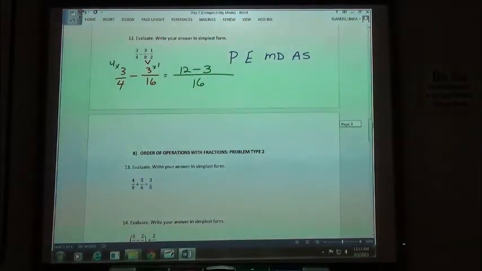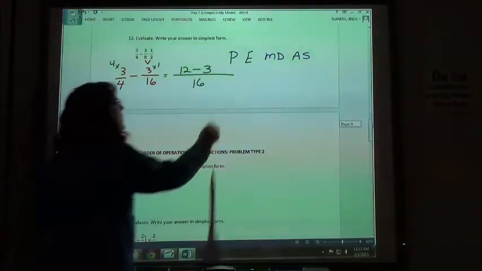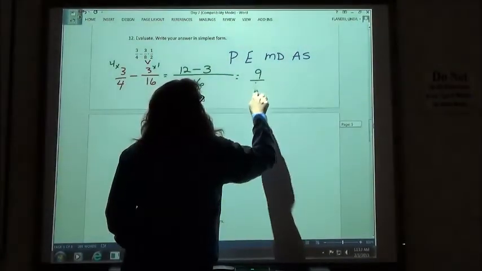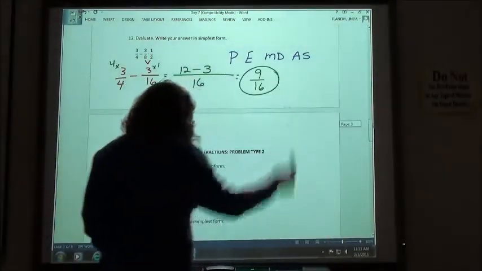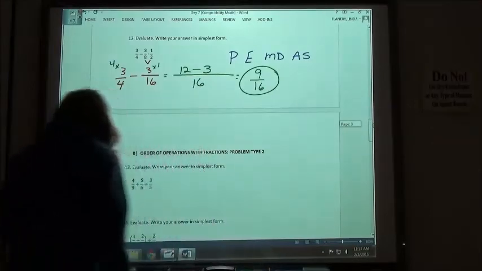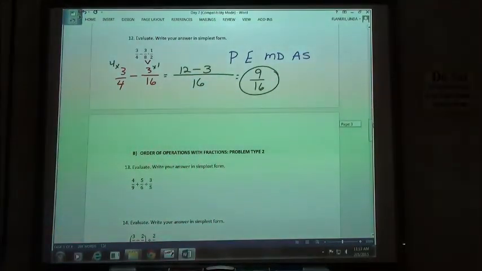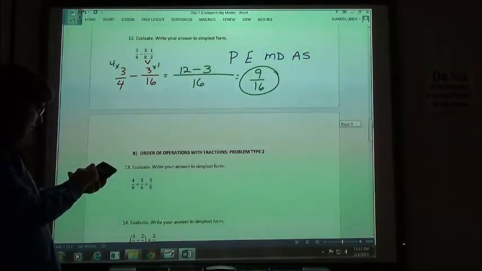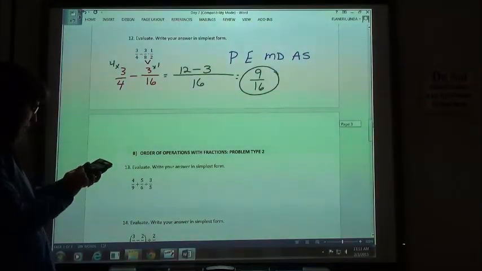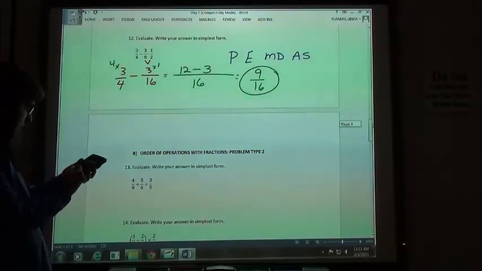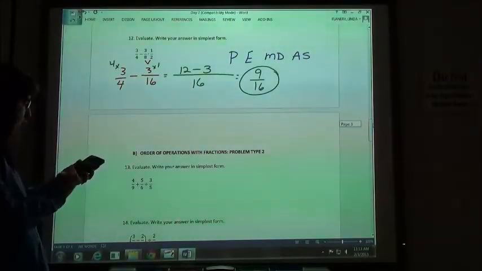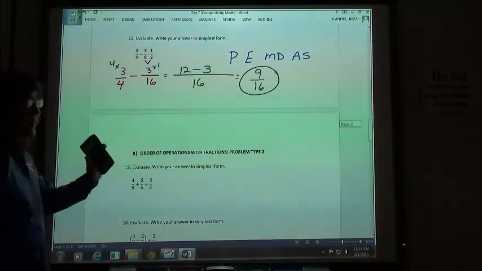So I have 12 minus 3, which gives me 9/16. I can't simplify that or reduce it down any farther, so that's going to be my answer. Checking with my calculator, 3 fraction 4 minus 3 fraction 8 times 1 fraction 2 gives me 9/16.